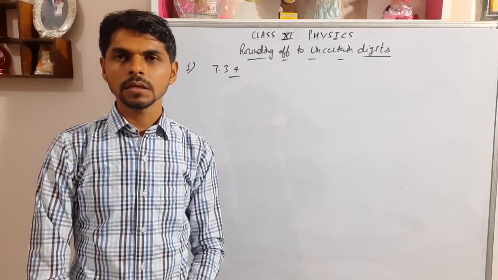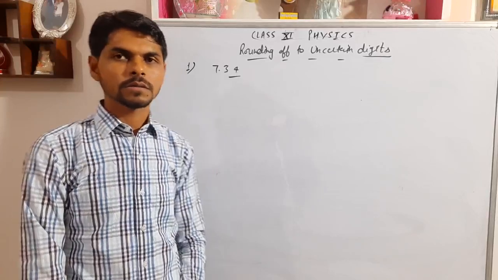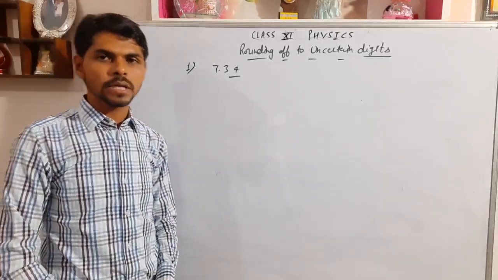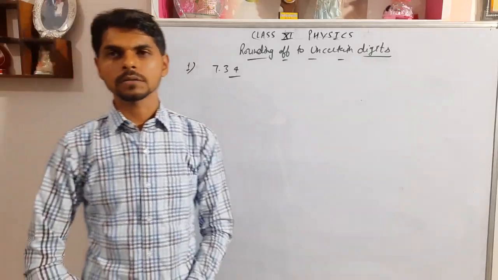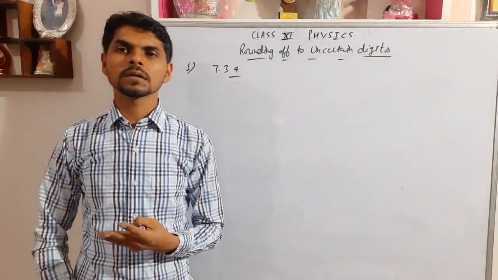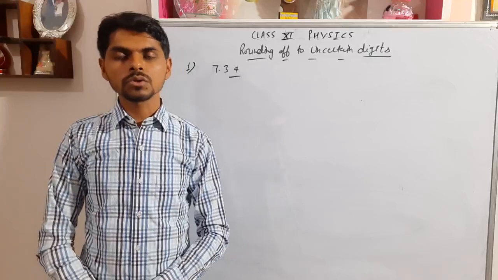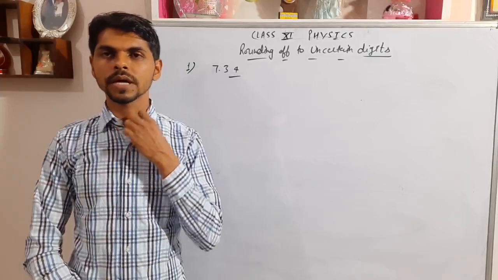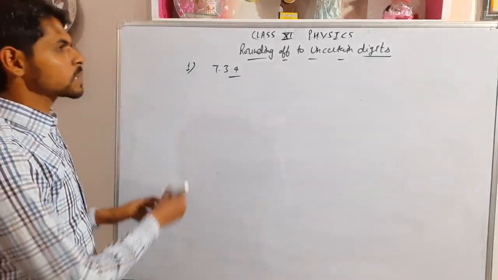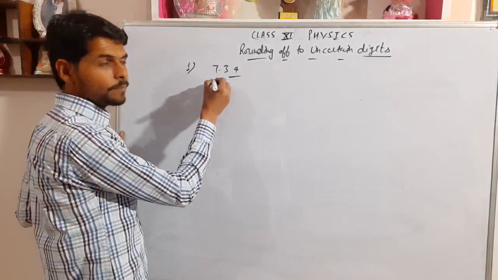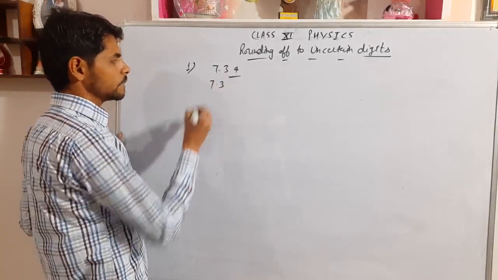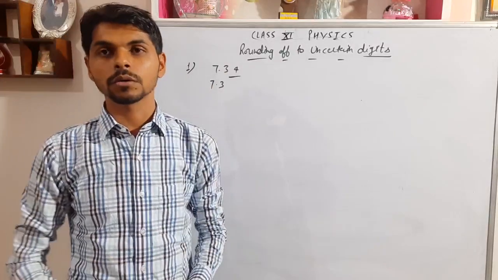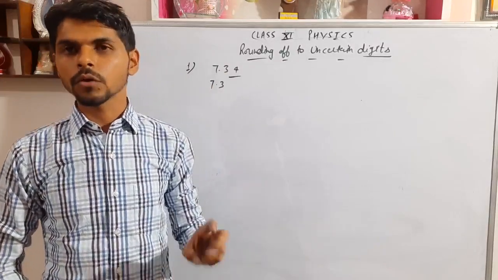Now round it off to two significant figures. You count the significant figures from the left side, that is 7 and 3. You do not require the 4, you have to drop the digit 4.